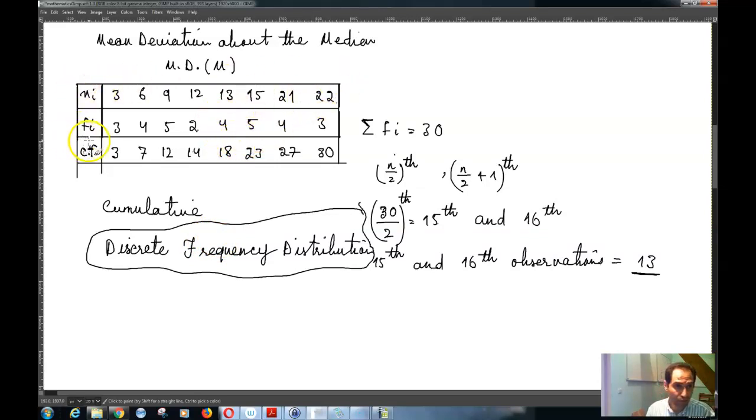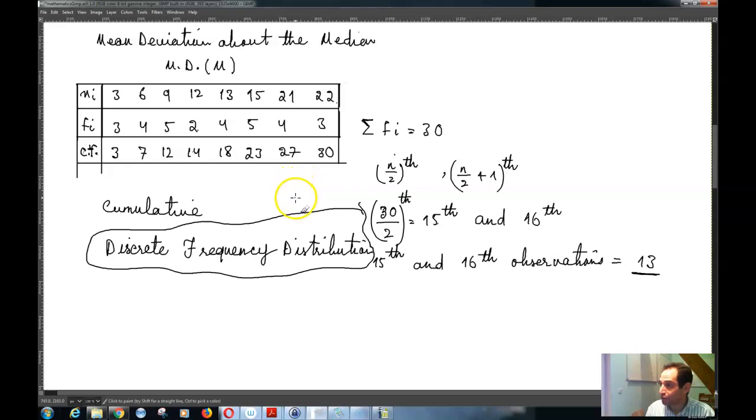Basically, you have your data in some manner, for example in some table. If you put your data together in a specific kind of table, that would be called the discrete frequency distribution. I don't want to go back and look all of these up because that would take a whole lot of time.